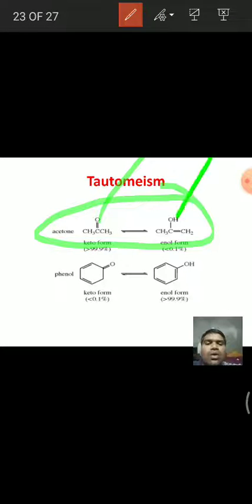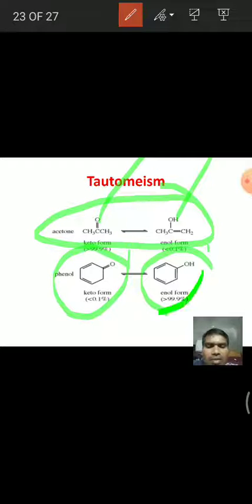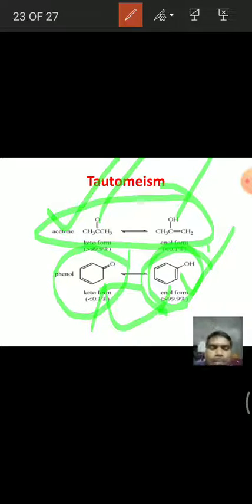First one is keto, second one is enol form. And this is phenol, which exists in the keto form also. Here this one is stable, here this one is more stable. That means in the first one the keto form is stable, in the second one, that is the phenol molecule, the enol form is more stable. This is about tautomerism.